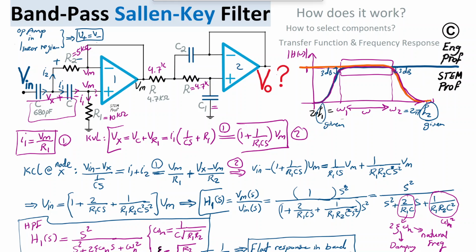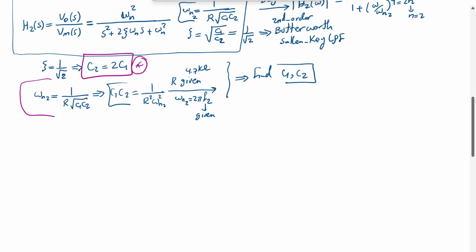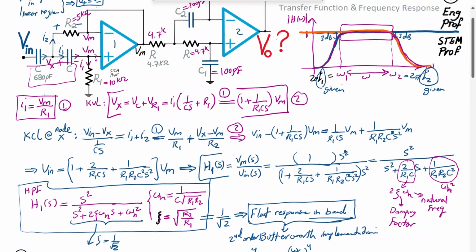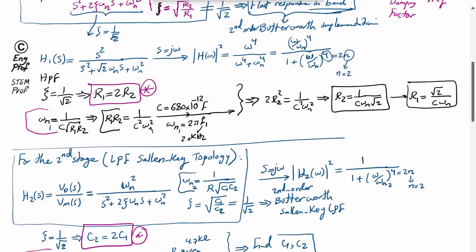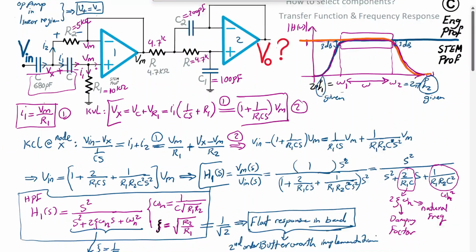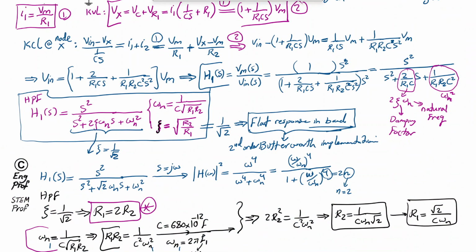If we set C1 equal to, say, 100 picofarad, then because C2 has to be twice C1, C2 has to be naturally 200 picofarad. So what is the value we're going to get for the first stage? Let me use a different color.